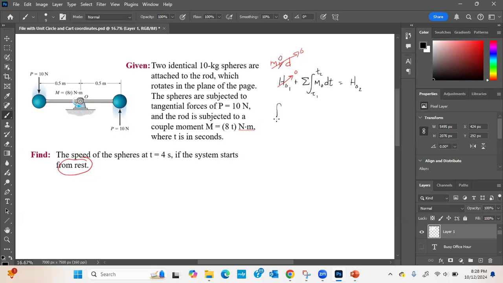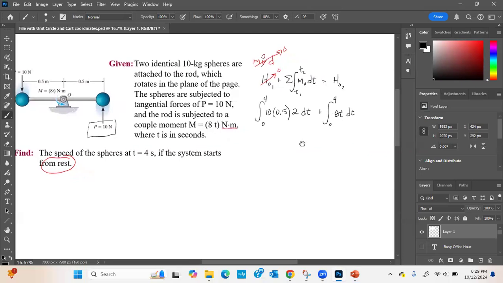So we're going to take the integral of 10 newtons times its distance, which is 0.5 to the center, and we have two of those actually. So this is the forces there acting from 0 to 4 seconds. We also need to figure out what's happening with that moment being applied. So we'll go from 0 to 4 seconds, 8t dt.